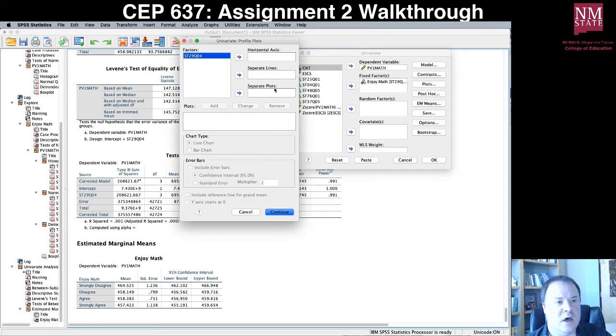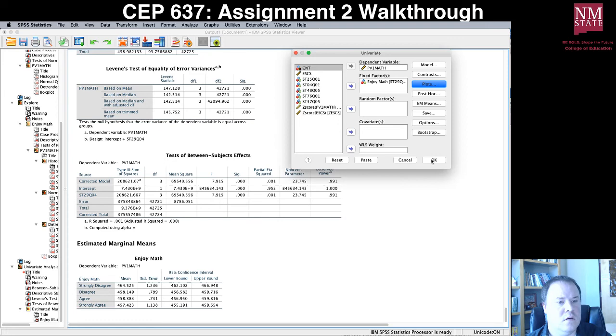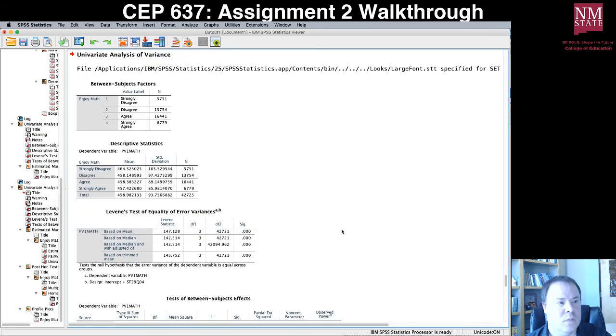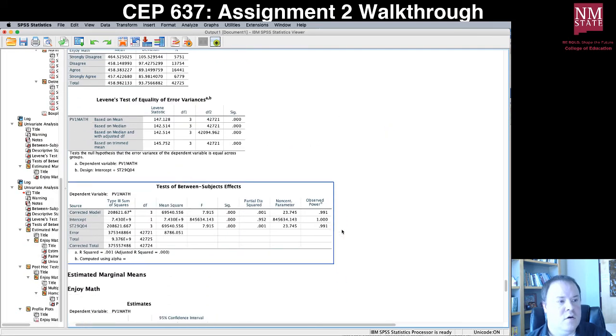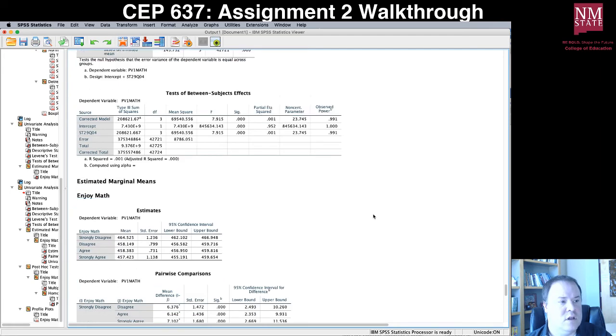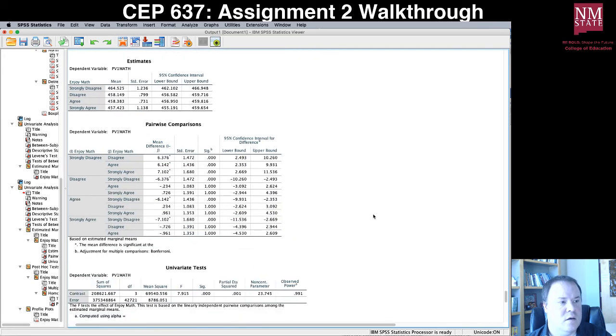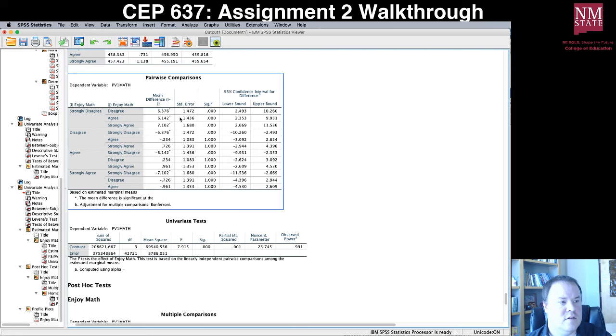Okay, and then the plot. Let's do this. Okay. So we already saw these results. Let's go down to the pairwise comparisons.